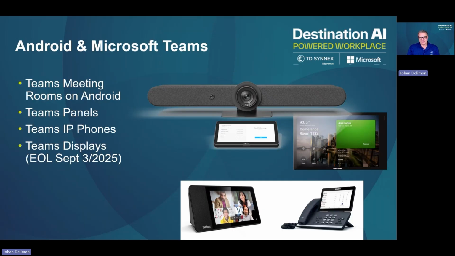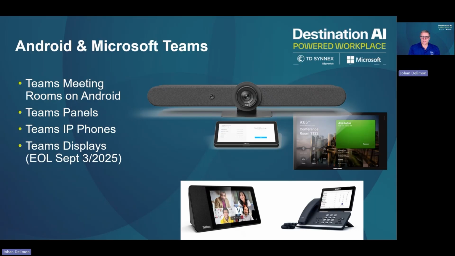Then going to Android. What has Android to do with Microsoft Teams? Well, more and more devices are going to Android or are based on Android, like the Teams rooms on Android. Also the Teams panels. The panels are the devices that you put outside of the meeting rooms where you see whether the meeting room is busy and potentially you can check in to book this room.